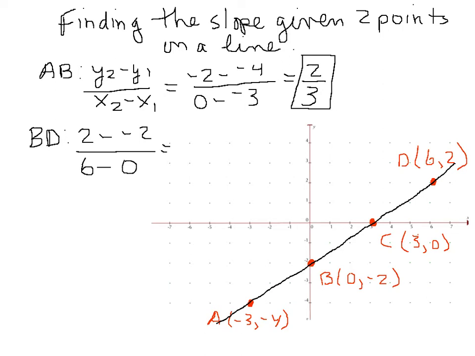And so what I get here is 2 minus a minus 2, which is 4 over 6, and that also is equal to 2/3. So the slope of this line is 2/3.